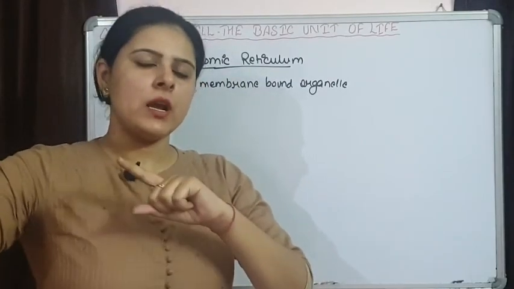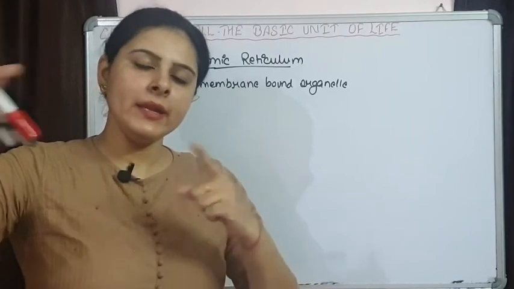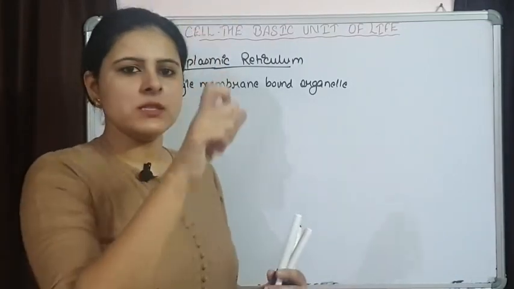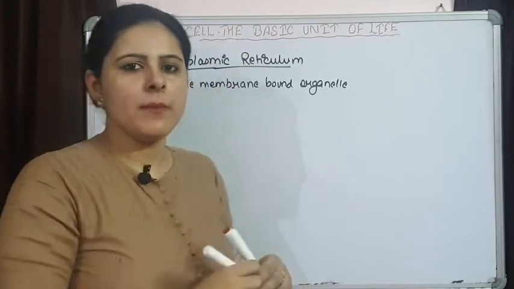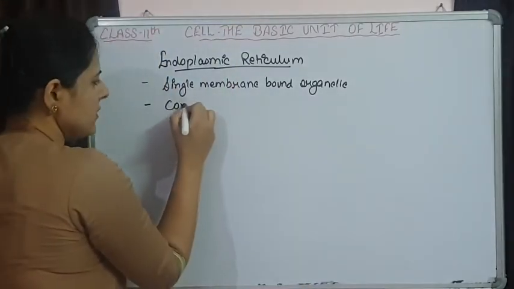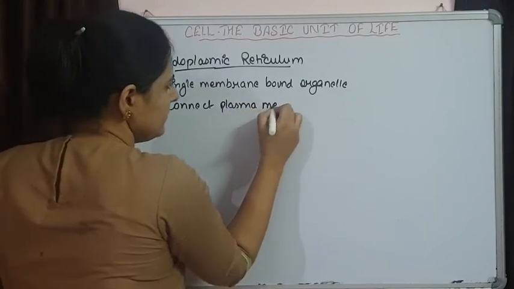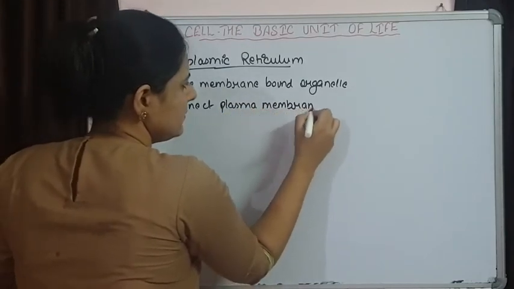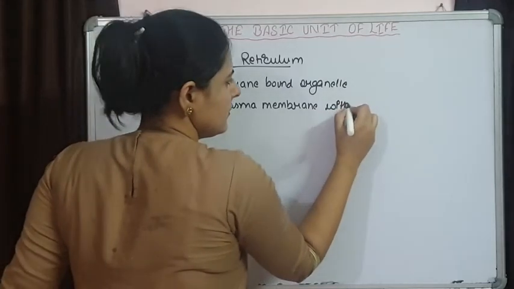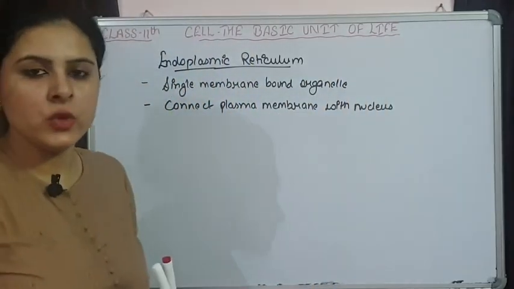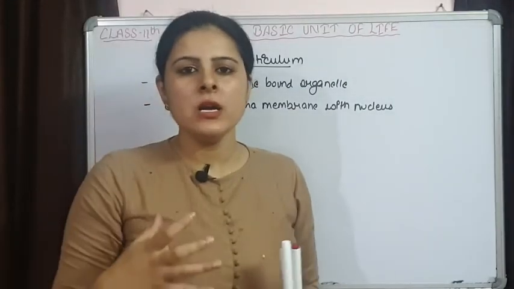It has a connection with the plasma membrane and a connection with the nucleus. So it is going to connect the plasma membrane with the nucleus, so that is going to maintain the shape of a cell.